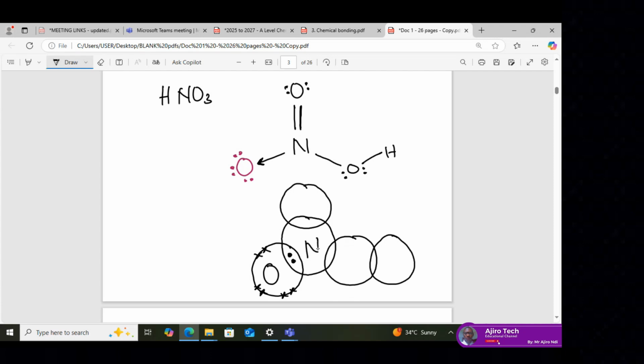As nitrogen is one, nitrogen now brought 2 here. Then the other O. 1, 2, 3, 4. Nitrogen now keeps here. Then O also. Then O. Then O and hydrogen. Can you see?